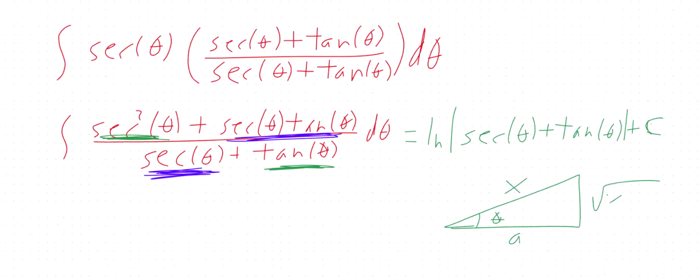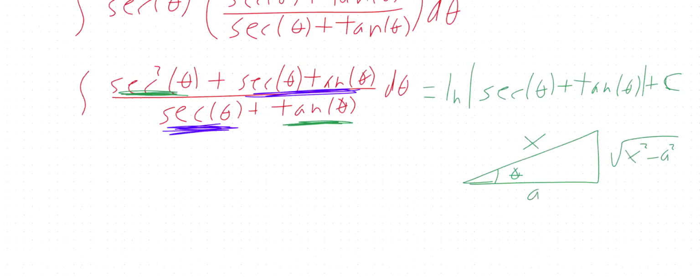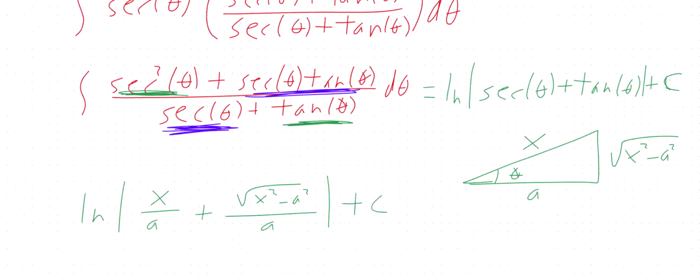Use Pythagorean theorem to find your third side. And so whenever we do this, it's going to be the natural log of x divided by a plus square root of x squared minus a squared, all divided by a plus c.